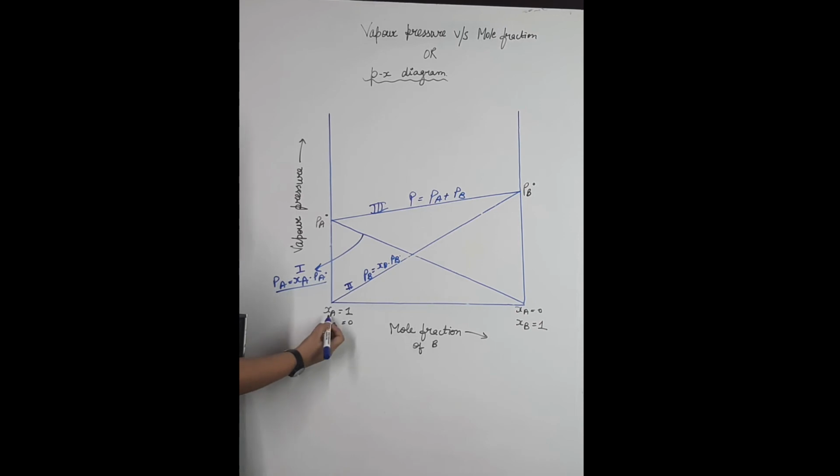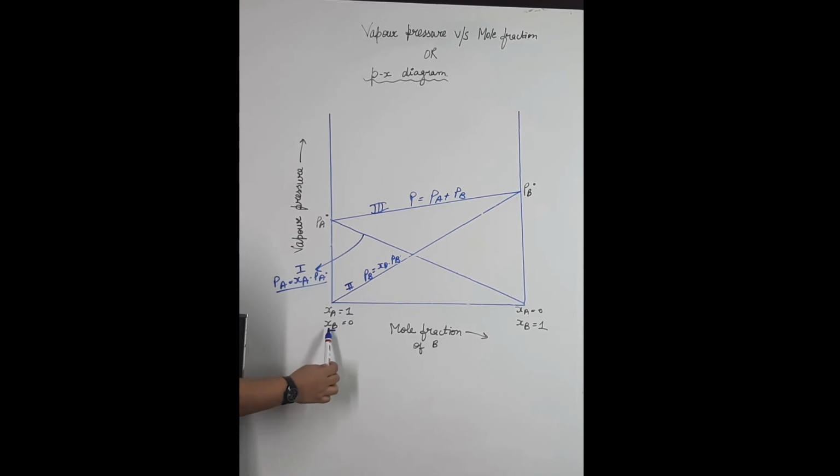When the value of XA is equal to 1, that is maximum, the vapor pressure of the pure component A is the maximum, and as the mole fraction decreases, the vapor pressure also decreases.